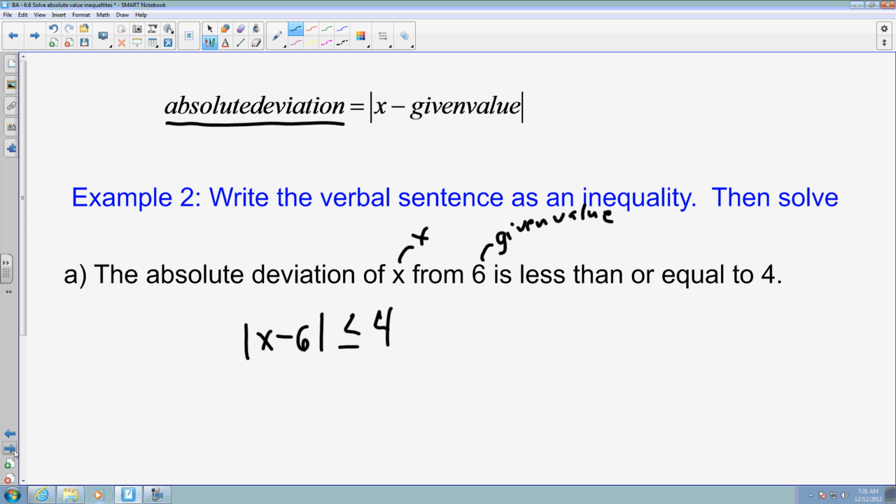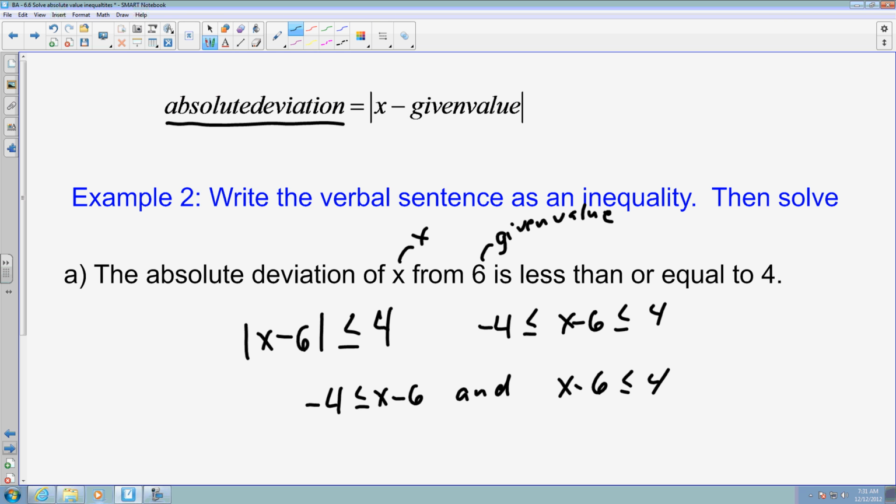So we can rewrite this as -4 less than or equal to x minus 6, which is less than or equal to 4. Now we can rewrite this as -4 less than or equal to x minus 6 and x minus 6 is less than or equal to 4.